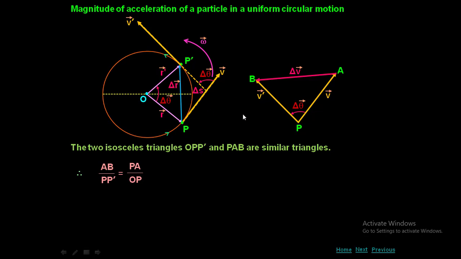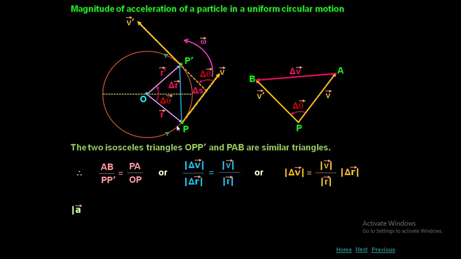So we can have AB by PP dash equal to PA by OP. Or, AB is delta V bar, PP dash is delta R bar, so delta V bar by delta R bar is equal to V bar by R bar. Or delta V is equal to V bar by R bar into delta R bar.